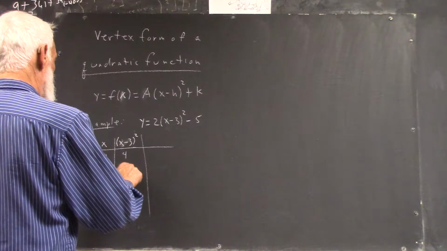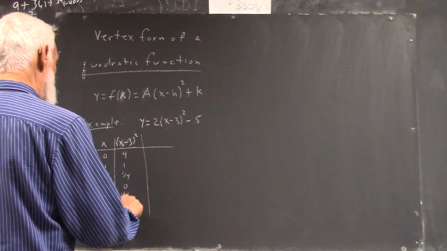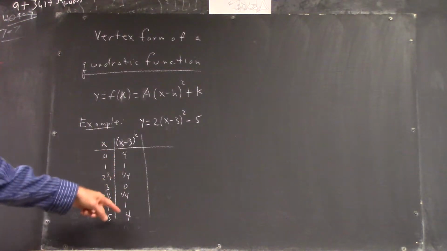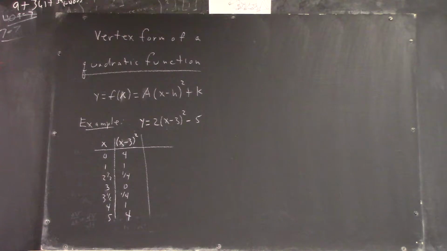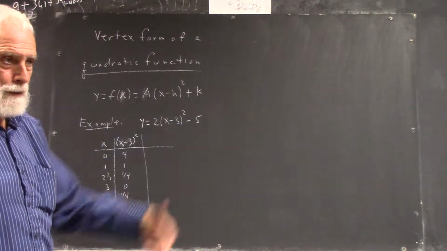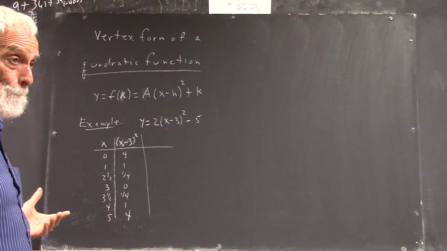It's 4, 1, 1/4, 0, 1/4, 1, 4. Those numbers look familiar? They're the numbers you get if you use -2, -1, -1/2, 0, 1/2, 1, 2 for x squared, right?